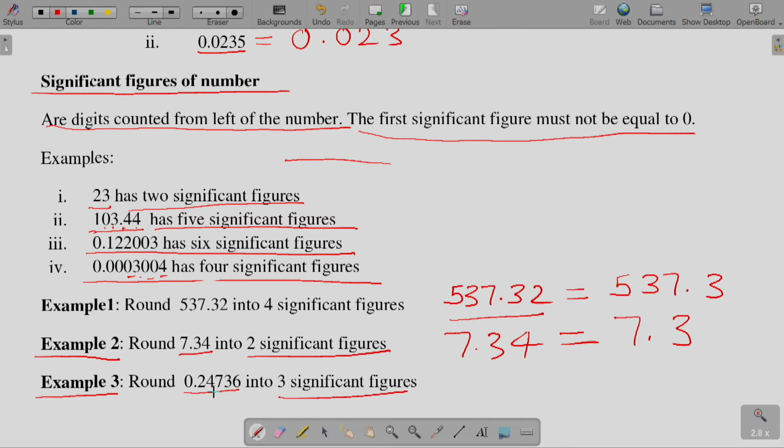Given 0.24736, if we round this number into 3 significant figures, the answer will be 0.247. That one will be the answer.